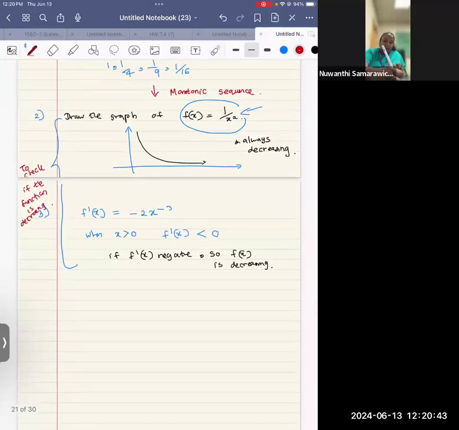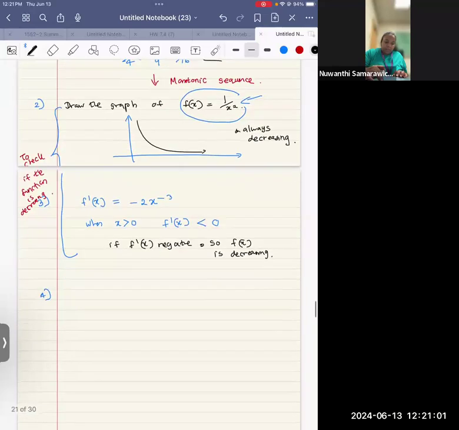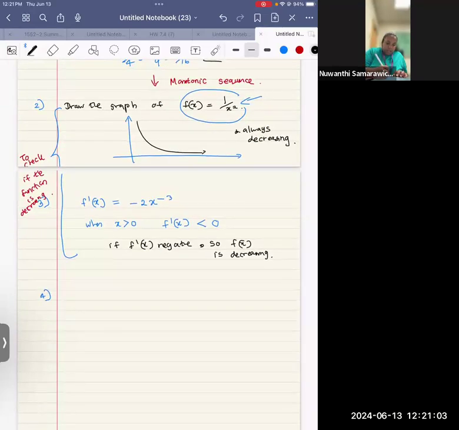Now let's see what we learned yesterday for sequences. How do we check whether it is increasing or decreasing? From here we know it is decreasing. To prove it mathematically, we have to show that a sub n is greater than or equal to a sub n plus 1.